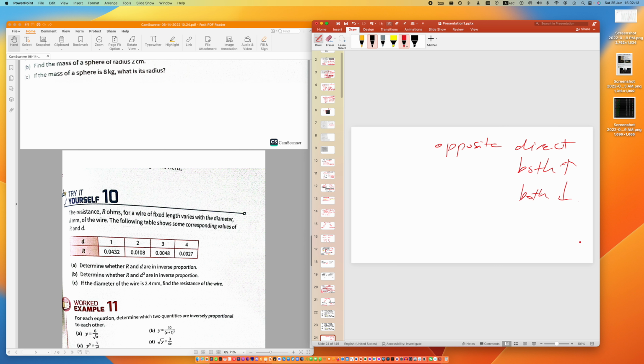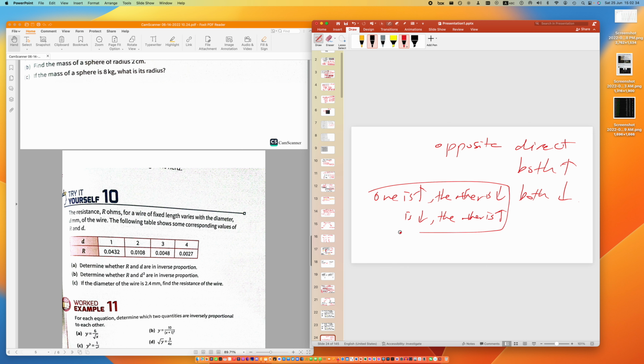So the opposite means one is up, the other is down, or one is down, the other is up.